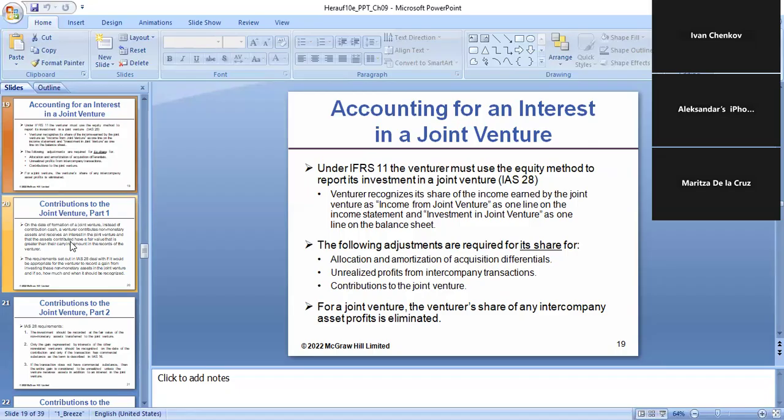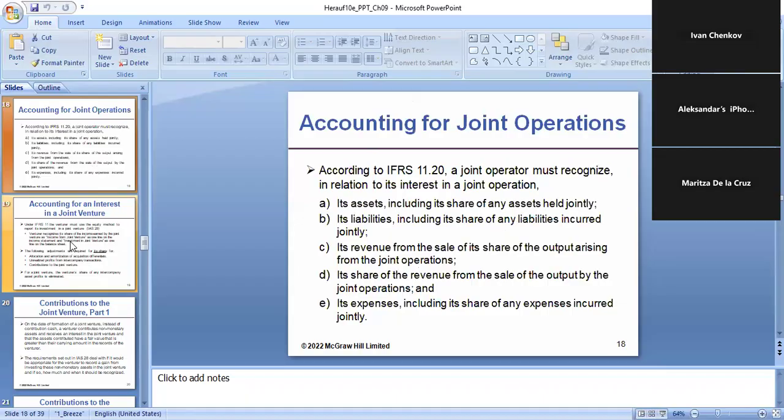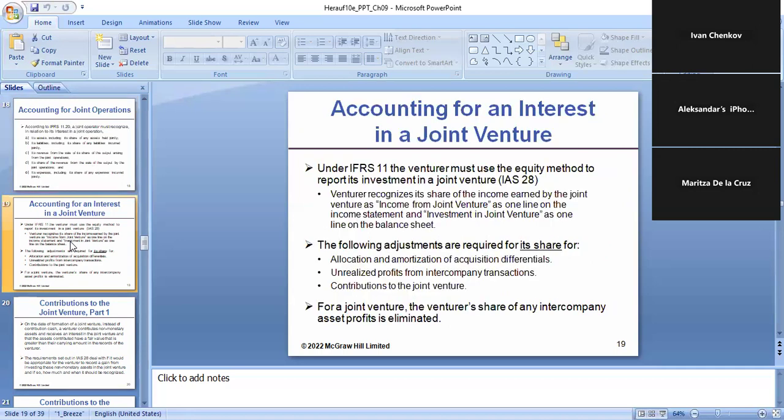As you can see, in the first place we're pooling the interest that we have in the assets plus a share of the liabilities which we're holding jointly. Everything is based on the percentage that we hold in that joint venture. So whatever the joint venture generates, that percentage of the income or outcome is going to belong to the venturer.